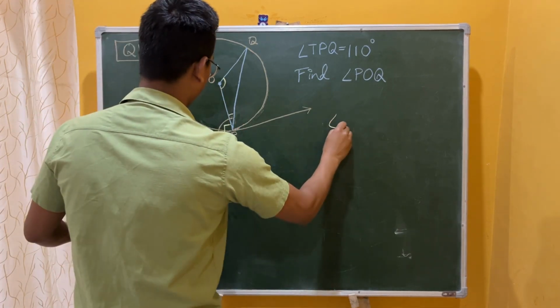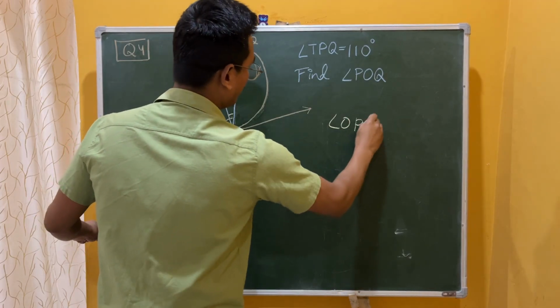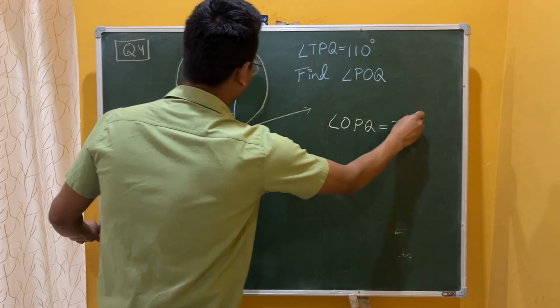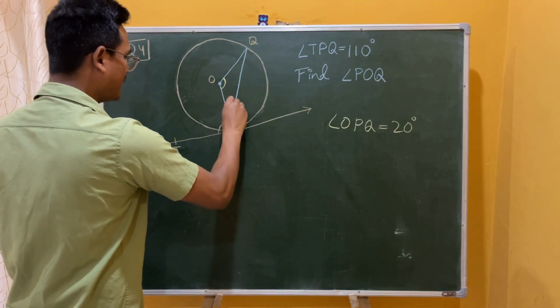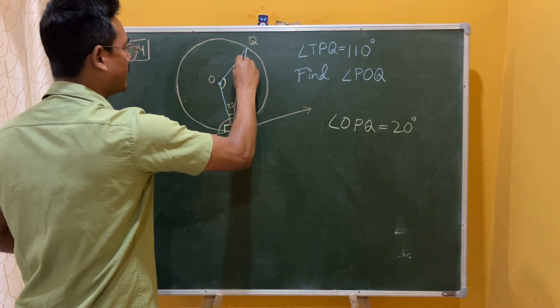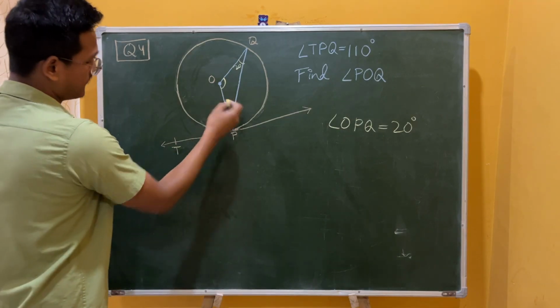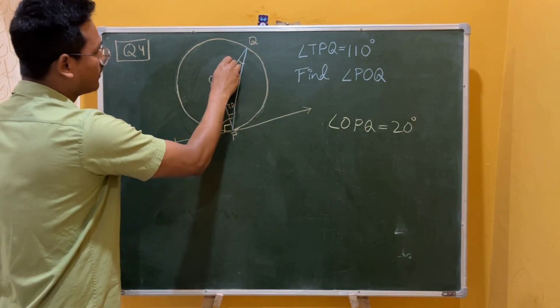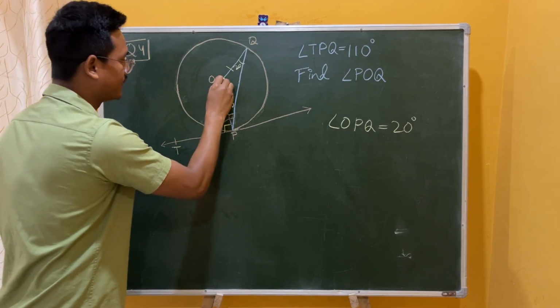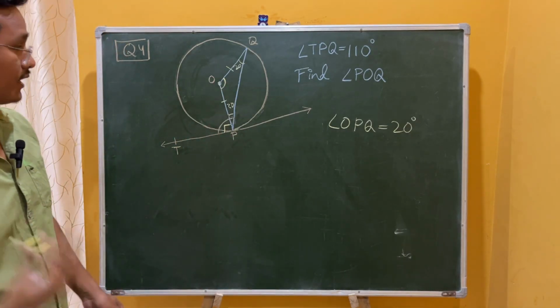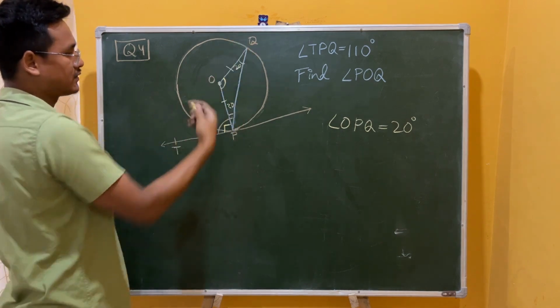Means angle OPQ must be 20 degrees. This is 90, this is 20. If this is 20, this one will also be 20, because OP and OQ are radii of the circle. O is the center, right? So radius means they are equal. So this is an isosceles triangle.